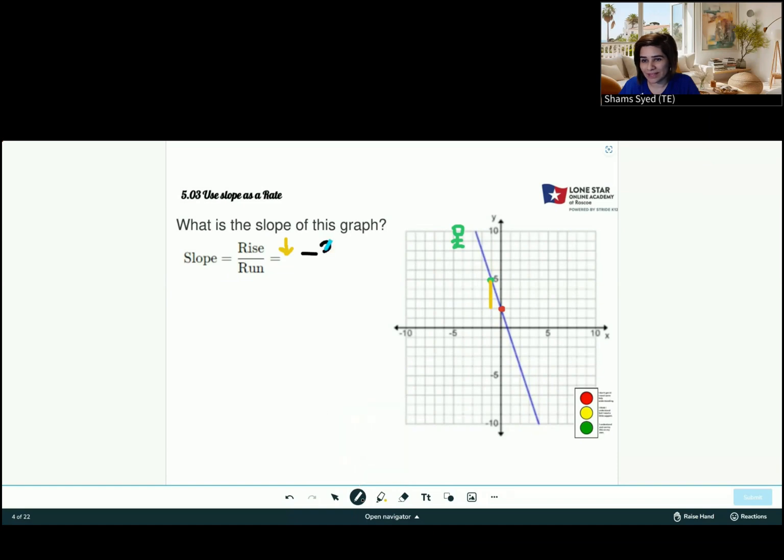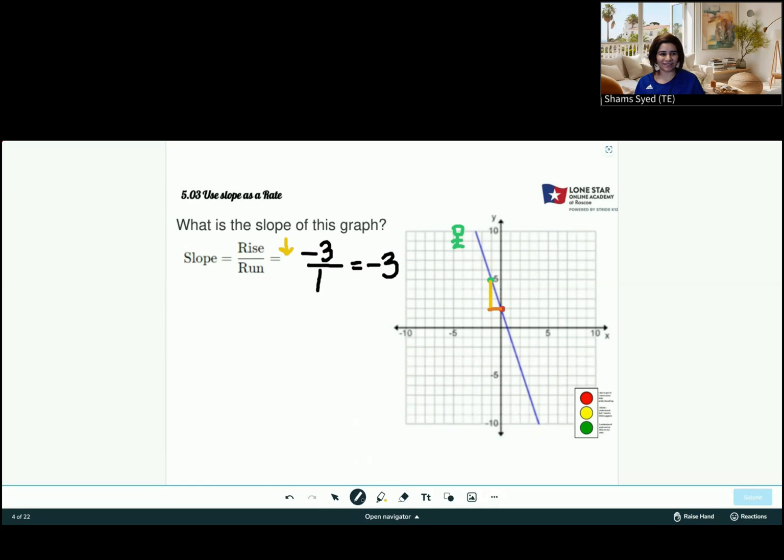It's not a rise, it is a fall. It is a fall of 3 units, and it is a run of 1. So 3 over 1, anything over a 1 is the number itself. It is a slope of -3.